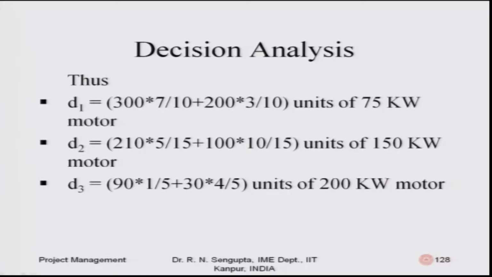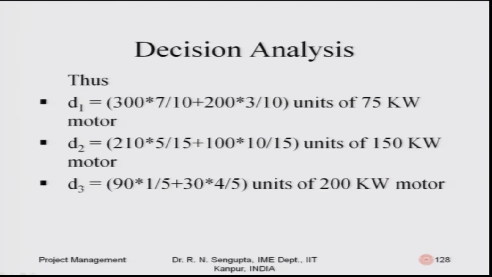So, now if I want to find out D1, considering that I want to find out on an average. If you see for the 75, 150 and 200, they were for different probabilities. So, you multiply the demand by the probability, find it out for motor 1, which is 75, motor 2, which is 150, motor 3, which is 200, and you find out the corresponding values.